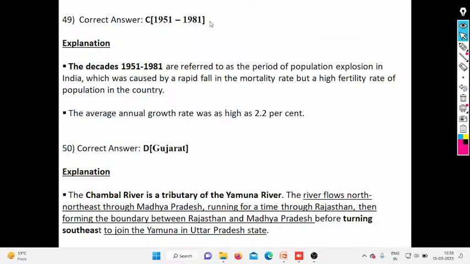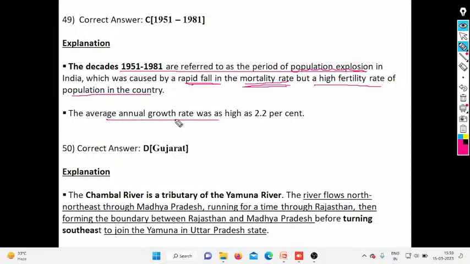The decades of 1951 to 81 are referred to as the period of population explosion in India, which was caused by the rapid fall in the mortality rate but a high fertility rate in the country.